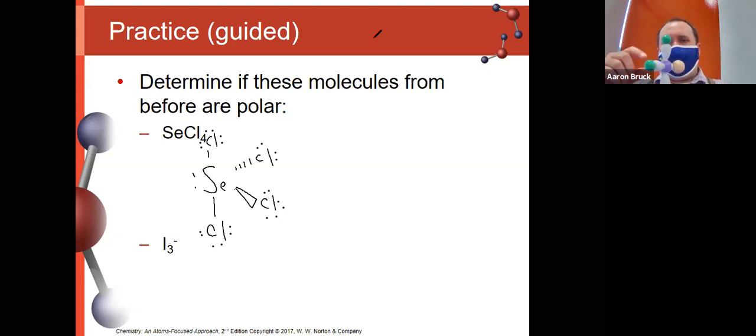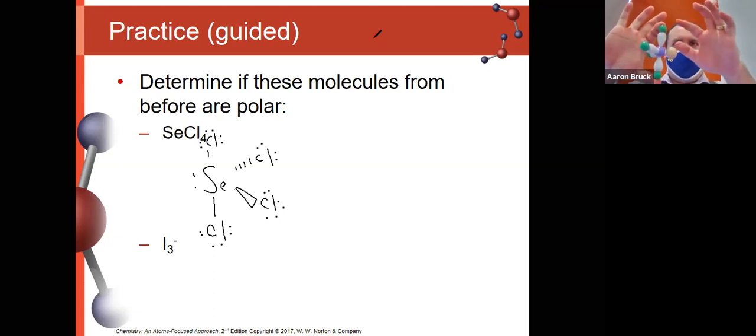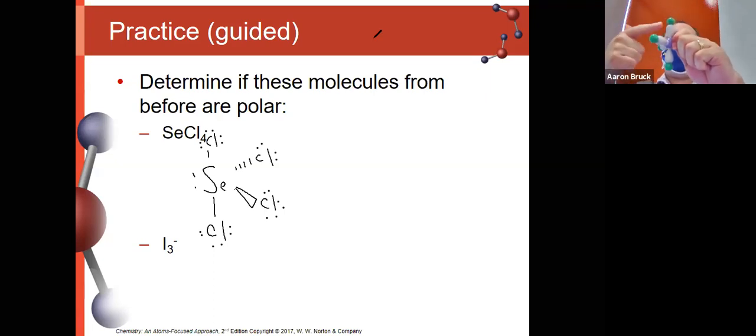In this case, we do have axial symmetry. These 2 bonds are the same. Any pull of electrons would cancel each other out in the axial direction. In the equatorial plane, however, we do not have symmetry. Even though these 2 bonds are equal and opposite to each other, the presence of this lone pair introduces an element of asymmetry.